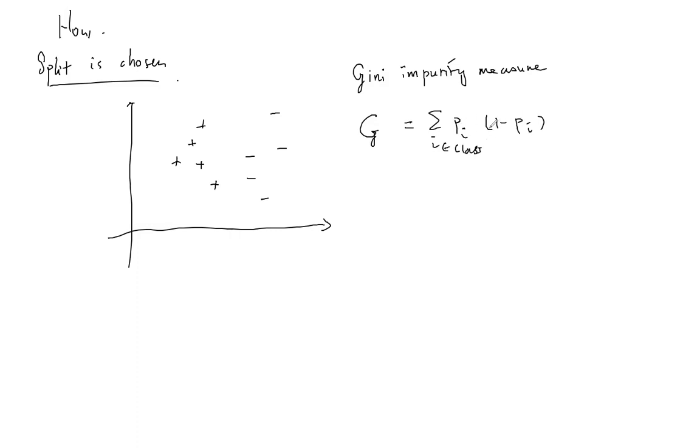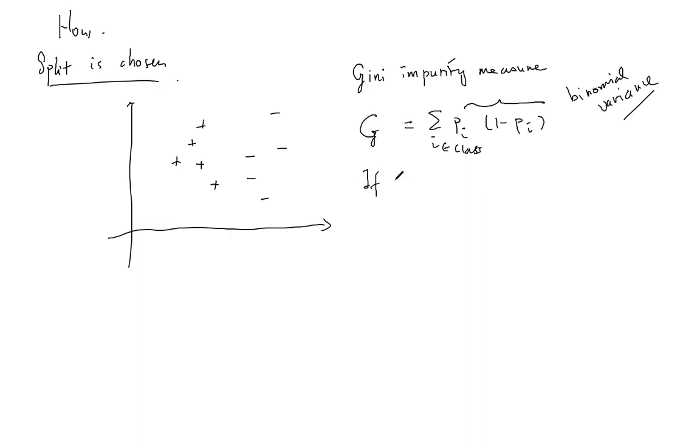If you look at this form carefully, it looks very familiar. It's like your binomial variance.